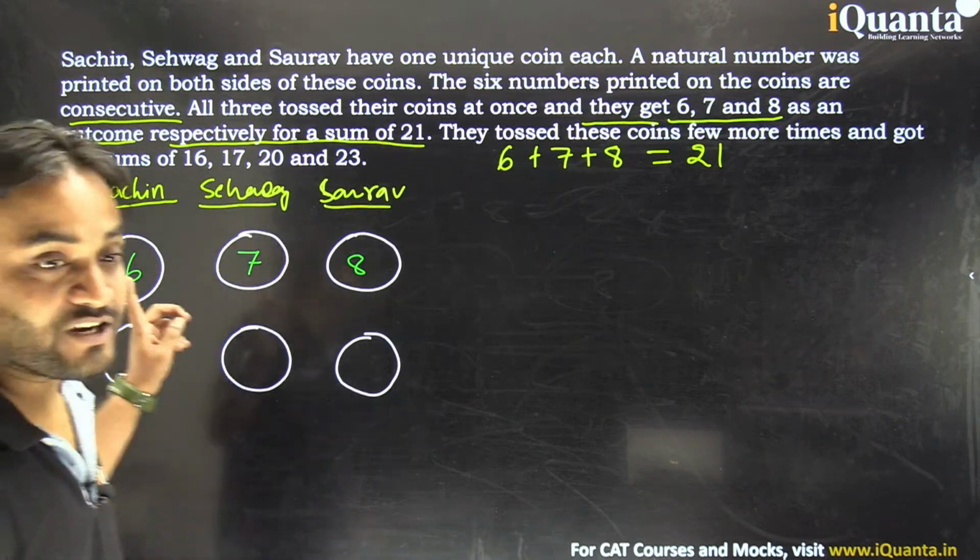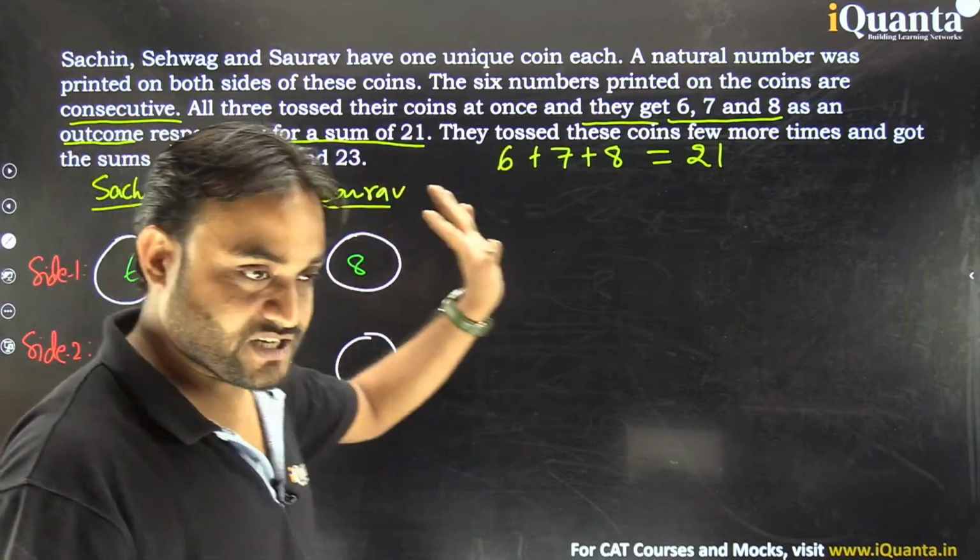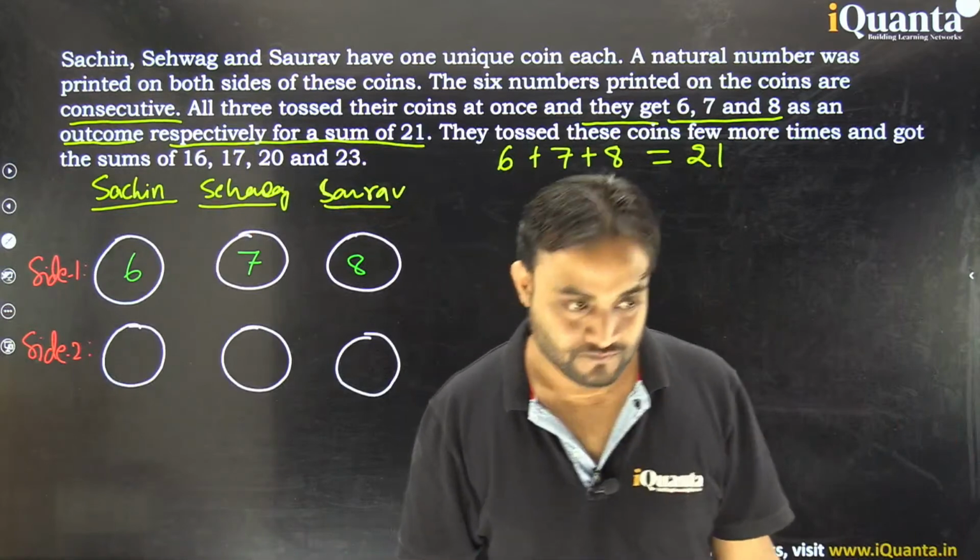So one side of these coins are 6, 7 and 8 respectively, right?